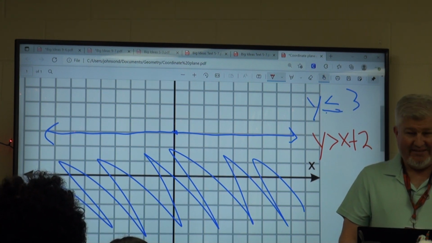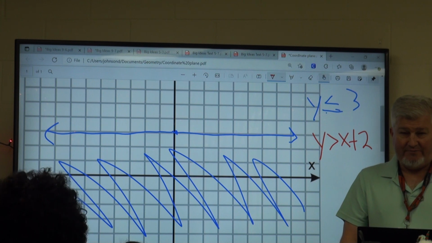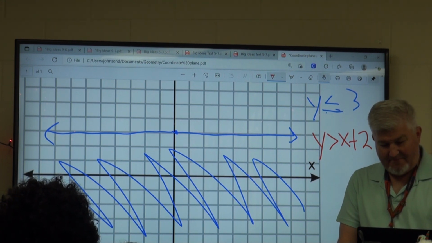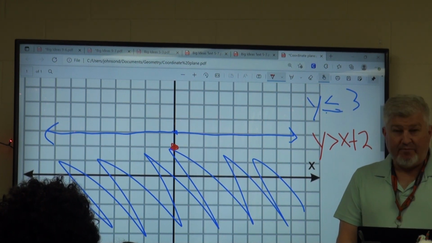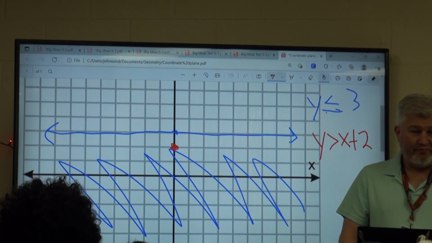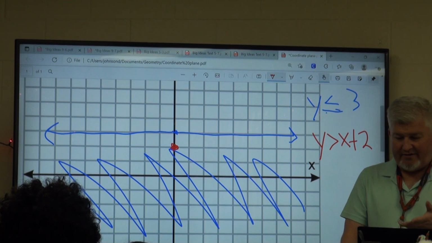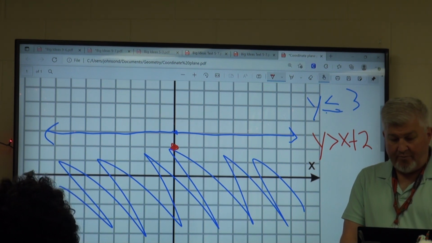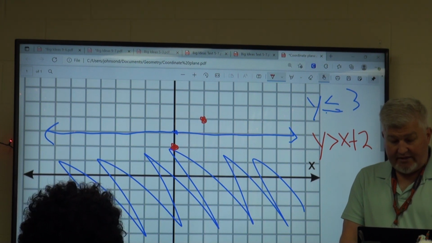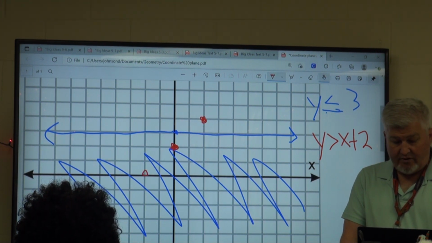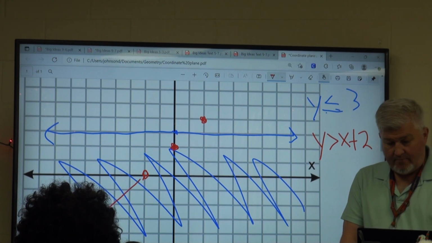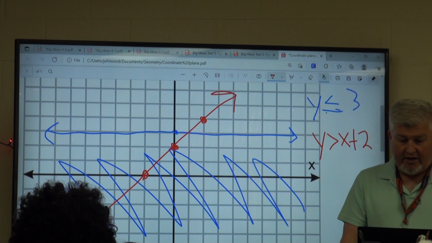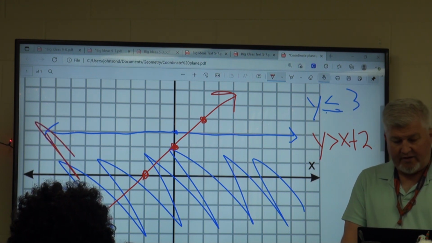What's my y-intercept of the red equation? 2. 2, right? Okay, what's my slope? 1. 1, right? The number in front of the x, when it's invisible, it's 1. So we go up 1, over 1, up 1, over 1. I went up to that twice. Down, over. Draw your line. Okay, there's your y is greater than x plus 2. Because it's greater than, it's everything above that line.